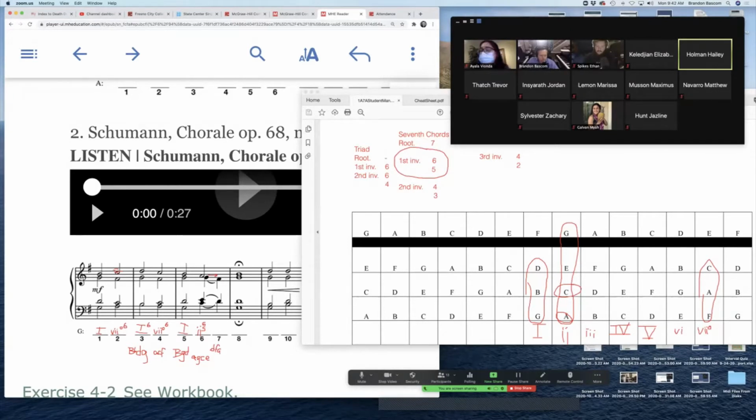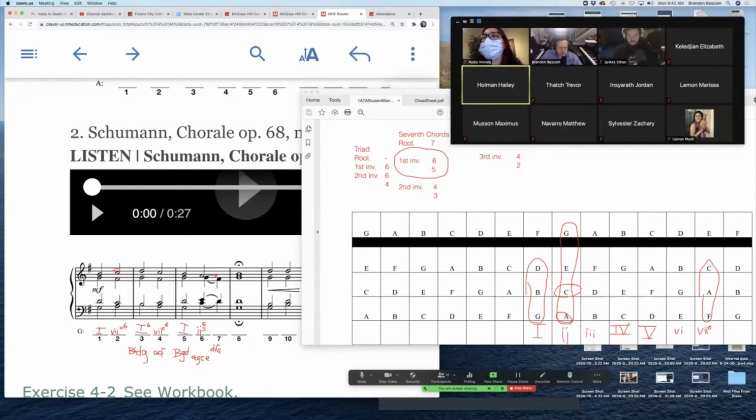A D chord, which is a 5 chord, right? Yeah. Good job.